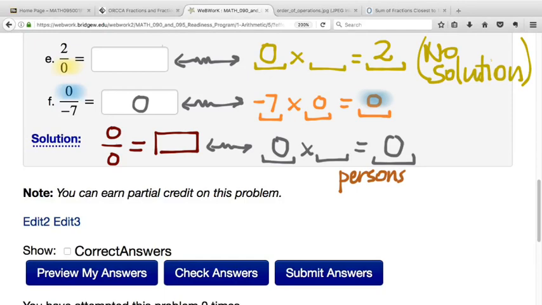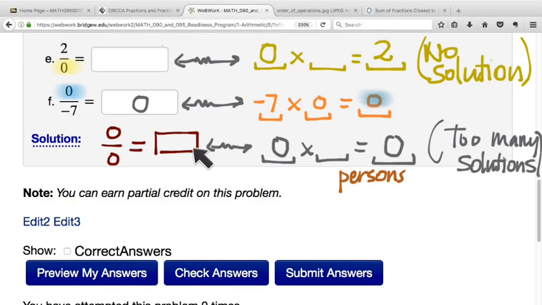So that's a problem of a different sort, right? There's too many solutions. Everything works, again, because of the nature of 0. Any number that I put in this blank would be a solution of this multiplication problem. But we can't write every possible number in the real number system in this box.